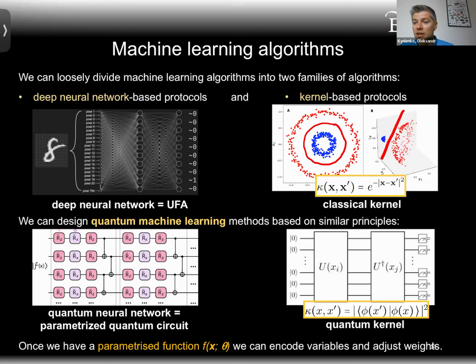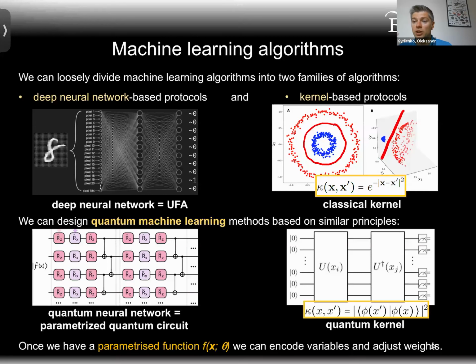So if I say there is a state phi of x that is a multidimensional representation of data point x, and phi of x prime, if I want to measure how far away they are, I can just compare the states. And this kernel will be measured by applying operation u for x, applying operation u dagger for x prime, and seeing if you return back to the same state or not.